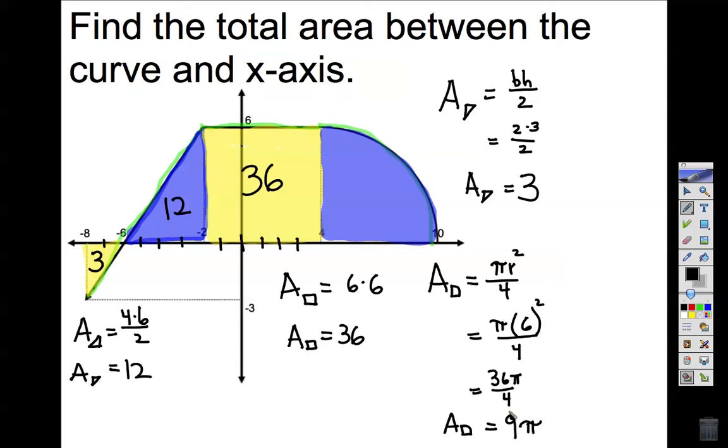All we have to do is add up these 4 areas: 12 plus 36 plus 9 pi, since all these are above the x-axis, and then we're going to subtract 3 since it is below the x-axis.